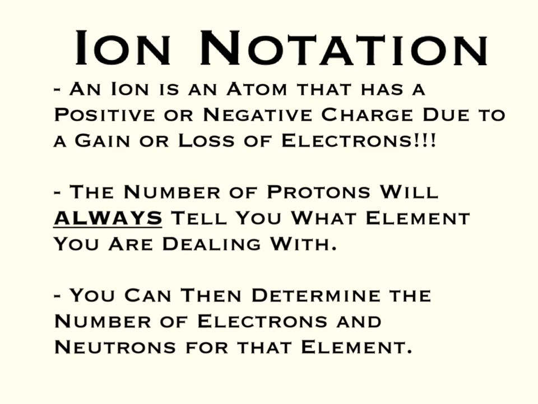That number of protons always tells you what element you are dealing with, and that's never going to change. If we change the number of protons, we change the element, and that's not what we want to do. We're only going to change the number of electrons. So once we have the ion we're looking at, we can determine everything as we do with a regular atom.